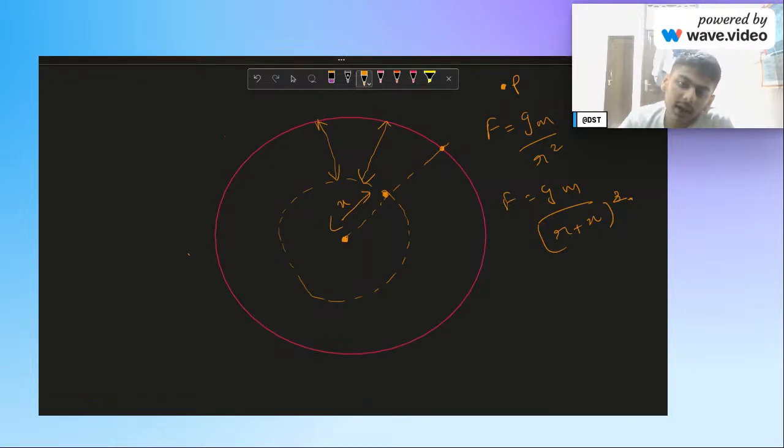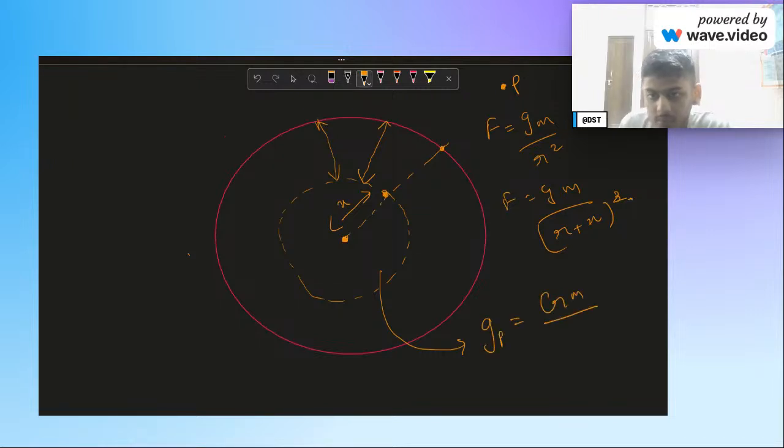Now, for any point here, again we can concentrate this sphere into a smaller sphere, and then write the formula of gravitational field strength as equal to GM over x squared.